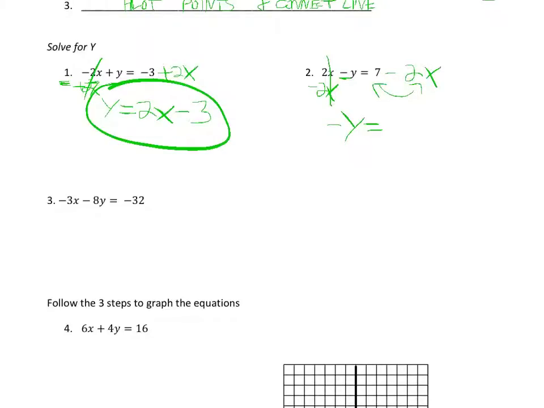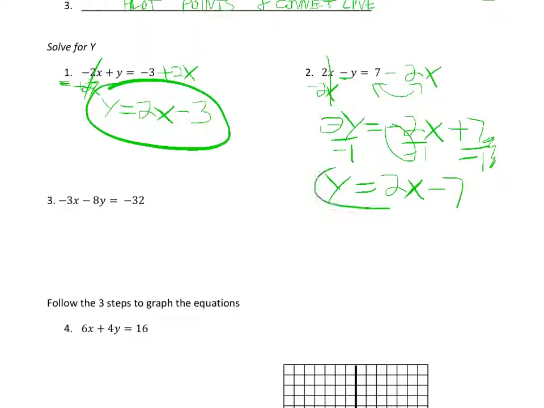So 7 minus 2x is the same as saying negative 2x plus 7. And then to get rid of this negative, I just divide everything by negative 1. So I have y by itself. These two negatives cancel each other out, so it's positive 2x. And then here, 7 divided by negative 1 is negative 7, so it's y equals 2x minus 7.